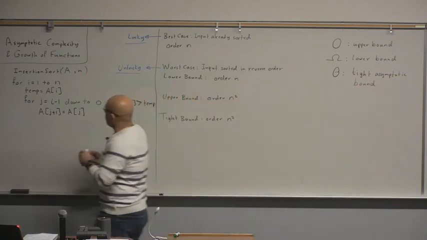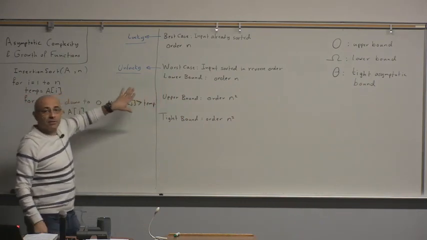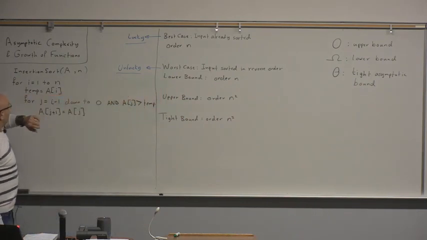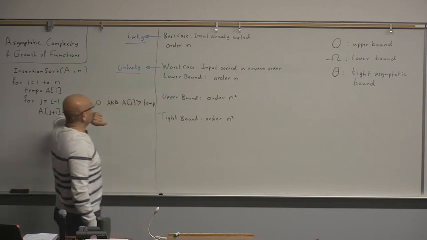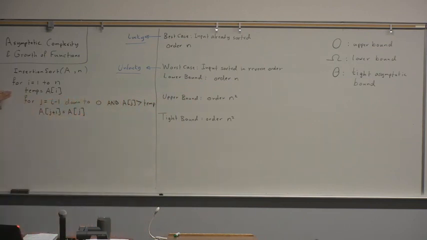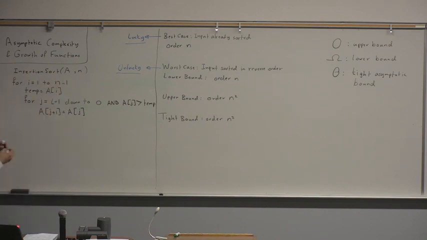So, for the worst case of insertion sort, and we are still reviewing what we did last time, we can easily calculate a lower bound by observing that this loop will get executed. Sorry, that's n minus 1. So I just caught an error.